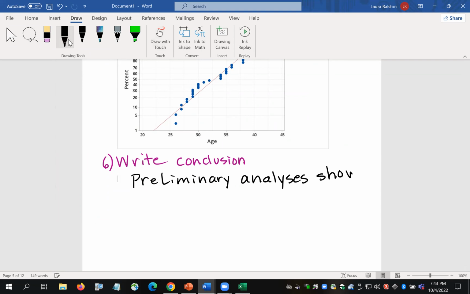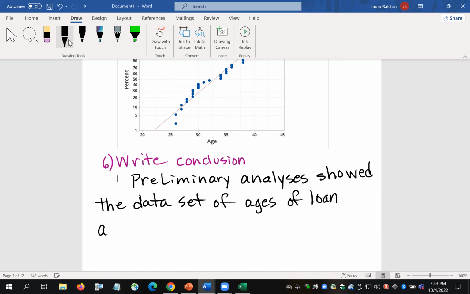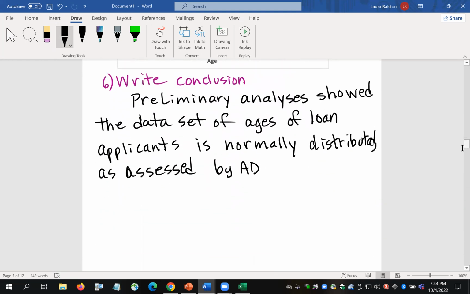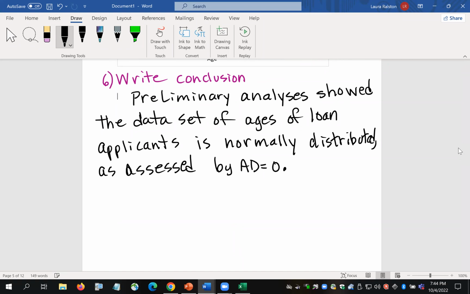Preliminary analysis showed the data set of ages of loan applicants is normally distributed as assessed by Anderson-Darling, and I got to get that number, 0.659, with a p-value 0.077.